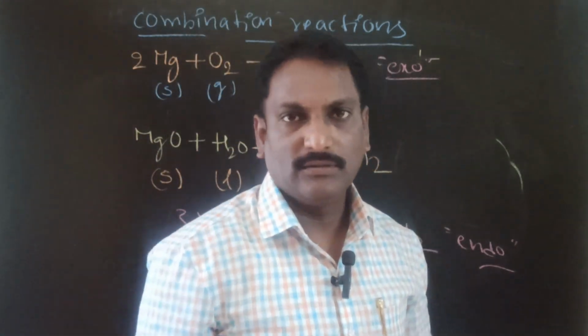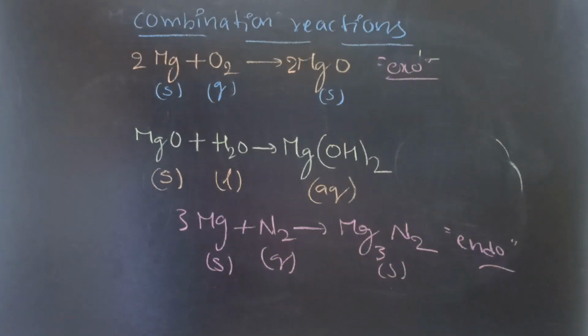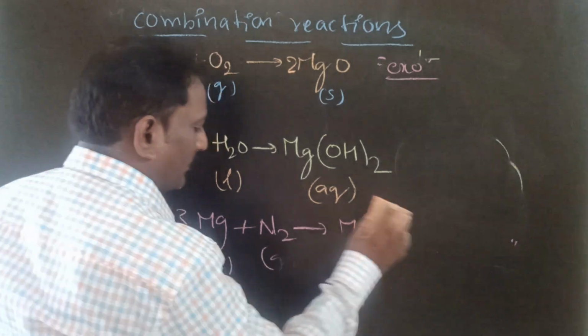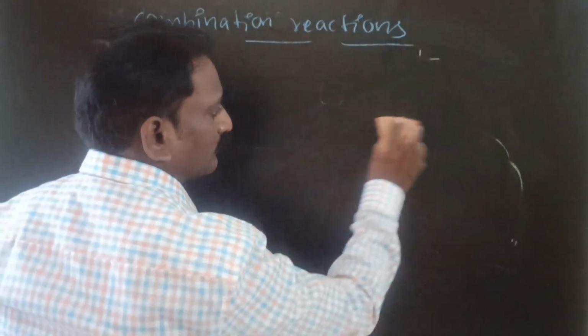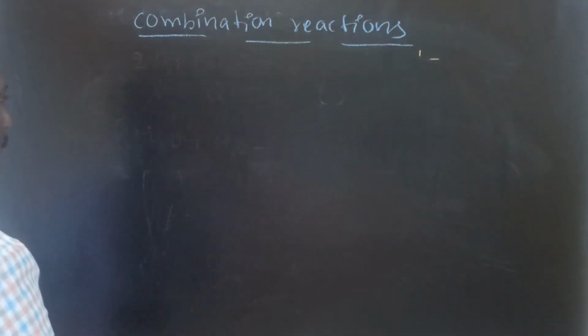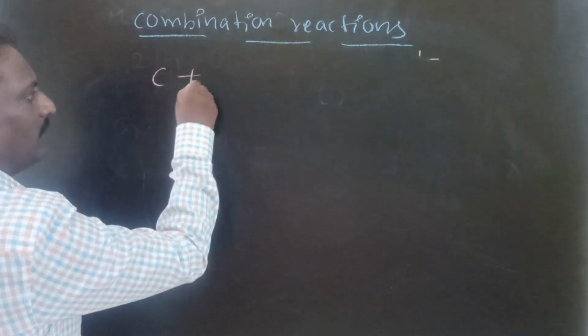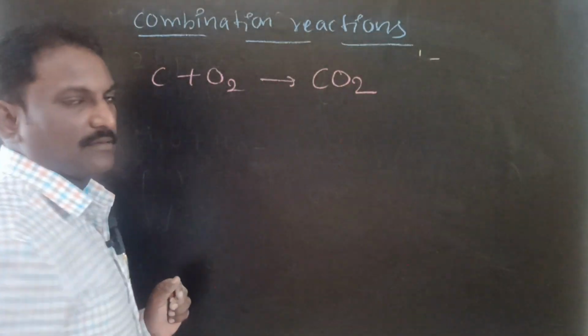Now let us take a few more examples. Please make a note of it. Next one. Let us take carbon. Carbon reacts with oxygen to give carbon dioxide. It's a combination reaction.